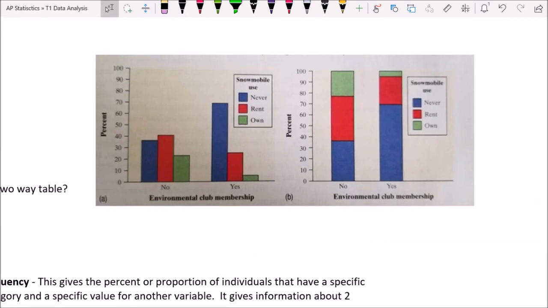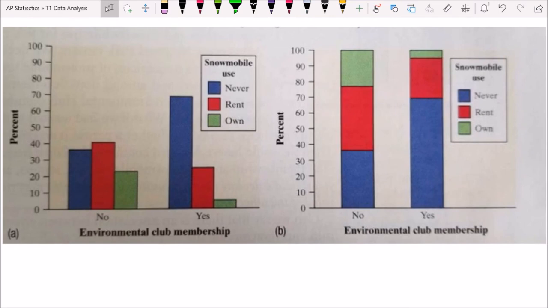Because what these graphs do is they really clearly show us, based on if they are in environmental club or not, what percentage of people fall into each of these categories for snowmobile usage. So I'm going to look at the one on the right. That's easier for me to see, but if you want to look at the left, that's fine. When I look at this, if I see that someone is in environmental club, I notice right away that if you're in this group, then your blue bar is bigger than the non-environmental club group, and the green bar is smaller.